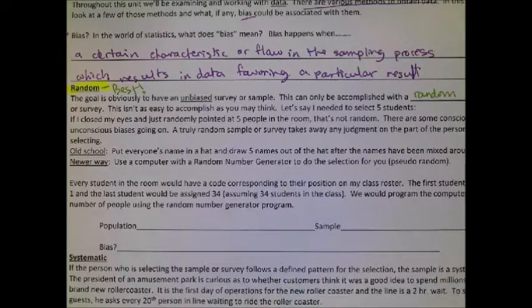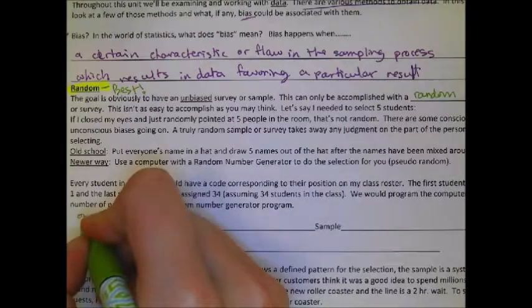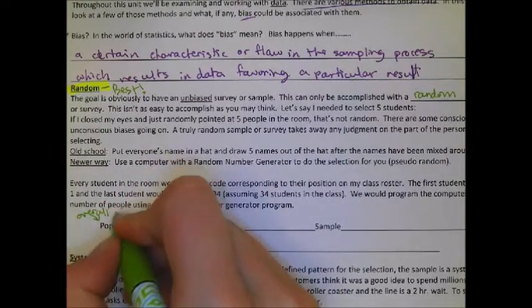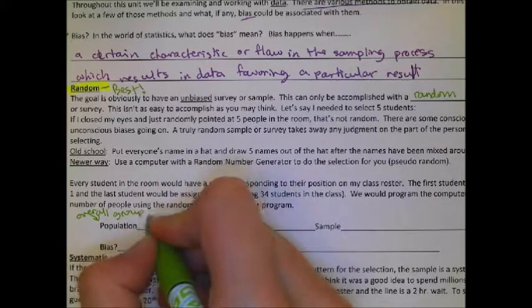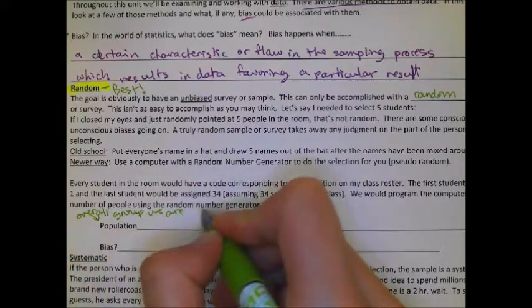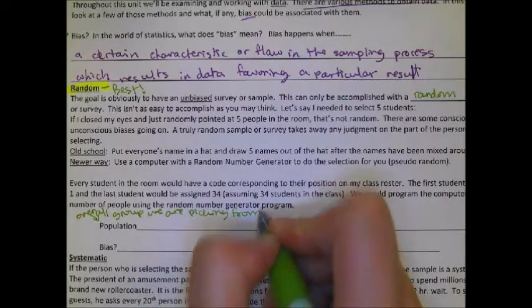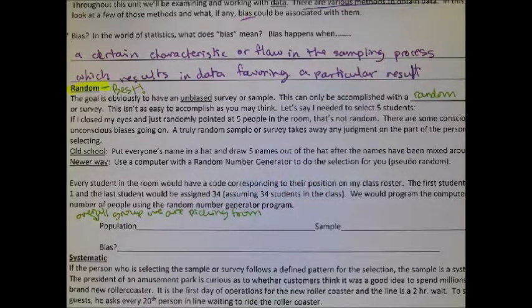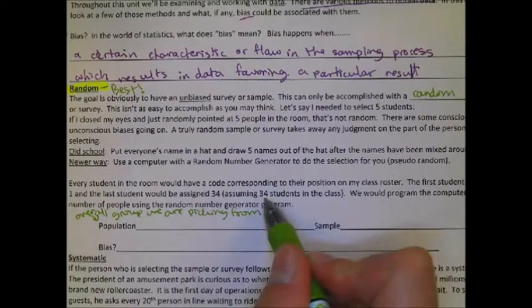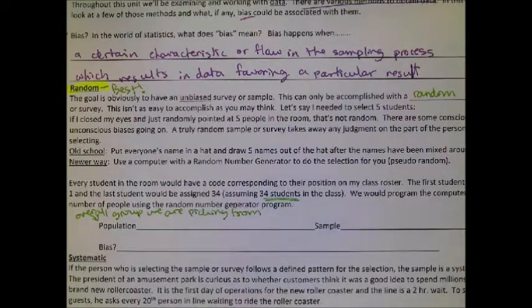So this first question is asking what the population is. Population is the overall group we are picking from. So what is the overall group we're picking from? Well, we're picking from the 34 students.